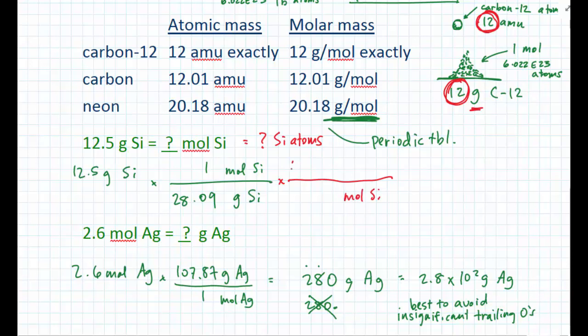Yep, because they're Avogadro's number of silicon atoms per 1 mole of silicon. Okay. A general rule, a nice thing for you to look at, is that if you're ever asked how many atoms are in something, your answer will almost always be a huge number of atoms.